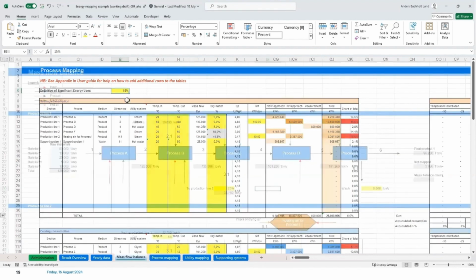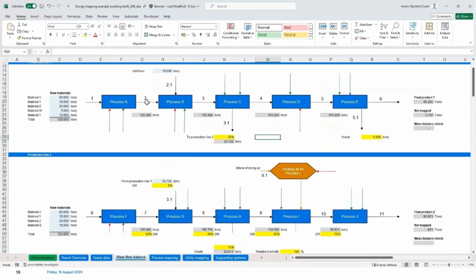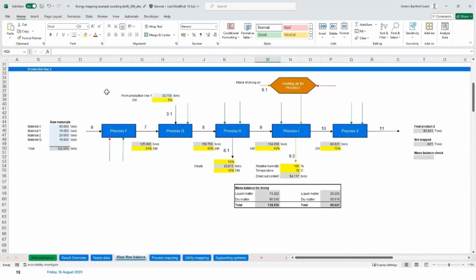And if you go down to the example of process line 2, it's just to mention that we also have a term in this process mapping sheet which we call dry matter, the DM in yellow here. Often the purpose of some of the processes is to remove some liquid, so you want to increase the dry matter content throughout such a process.